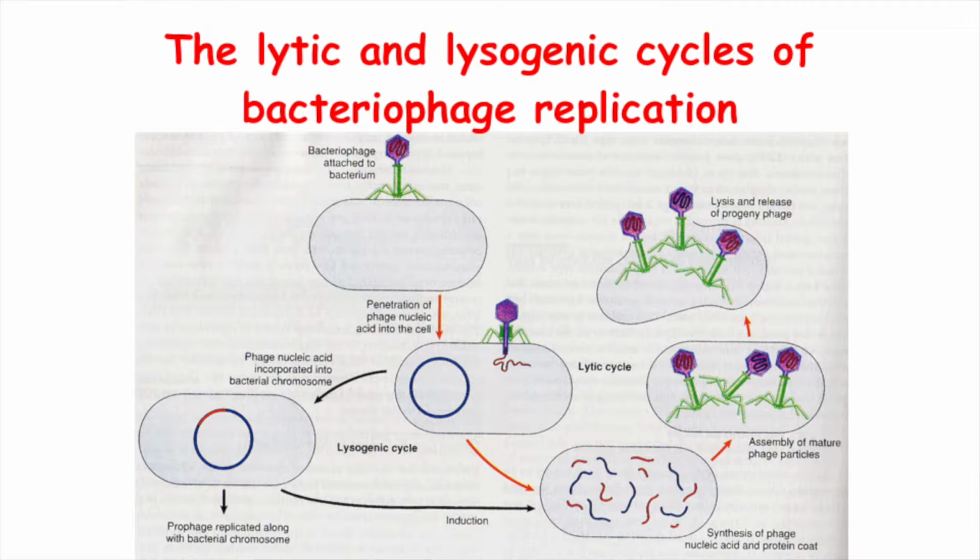Bacteriophages can replicate two ways. One of them is a lytic cycle, and the other one is the lysogenic one. We focus on the lytic cycle because the lysogenic cycle can take a very long time to complete. Both start off when the bacteriophage attaches to the bacterium and infects it by injecting its genetic material inside it.